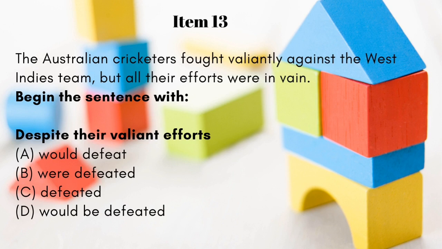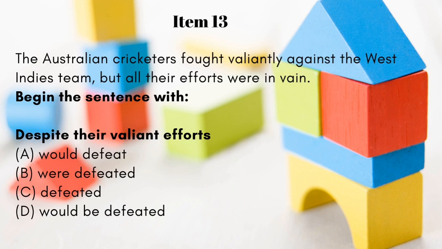The answer options are A, would defeat, B, were defeated, C, defeated, and D, would be defeated. The word despite means even though, although. Even though they played well, the Australian cricketers were not able to defeat the West Indies team.